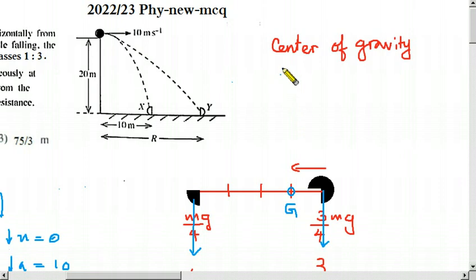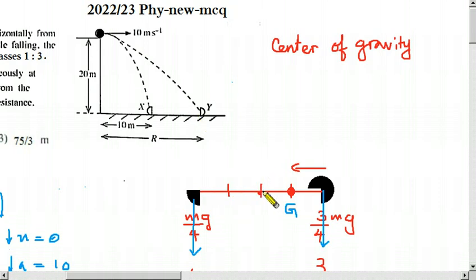So now we are going to calculate the motion, the displacement of the center of gravity, because we can use that given 10 directly for the center of gravity. So center of gravity is here now.